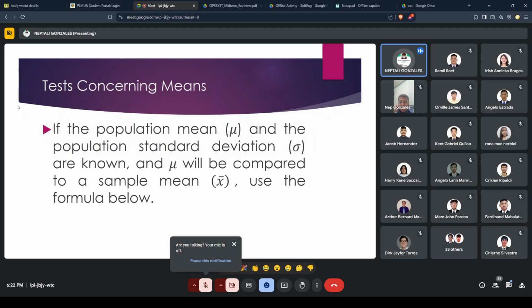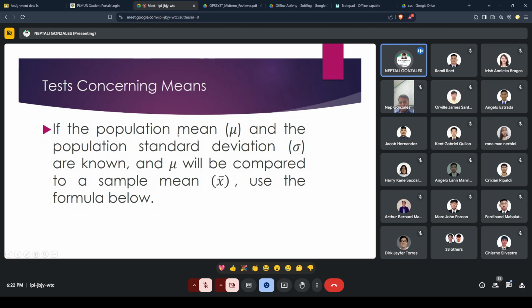So if the population mean and the population standard deviation, ito yung mga symbol, mu, and this symbol, I think this is the rho symbol, are known, and mu will be compared to a sample mean x bar, use the formula below.